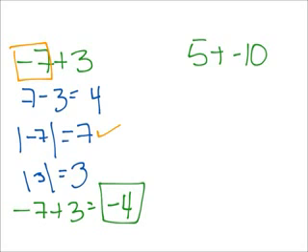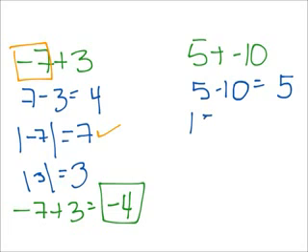Let's try this other one. 5 plus -10. Again, I change it to subtraction. So 5 minus 10. The difference between them is 5. And now I take the absolute value. If you notice, guys, I'm not writing -5 because all I want is what's the difference between them. They're 5 separated, so I just leave it like that, and I'm going to figure out the sign once I do the absolute value.